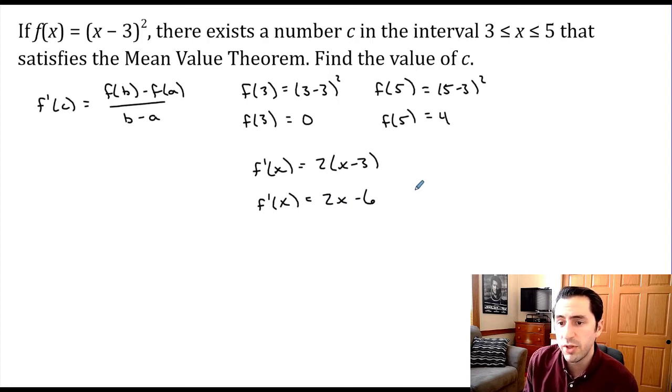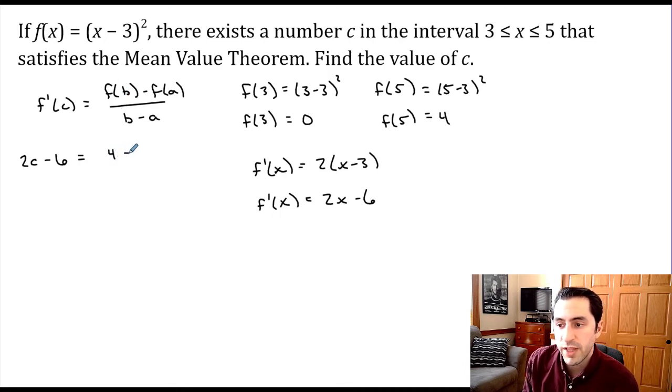So now we have everything we need to find our value for c. On the left-hand side of our equation, f prime of c, I'm just going to take the derivative and substitute in c. So we have 2, and now instead of x, I'll substitute in c, minus 6. And then on the other side of the equal sign, we can substitute something in for all 4 of these. So f of b, that's my second endpoint, we figured that out was 4.